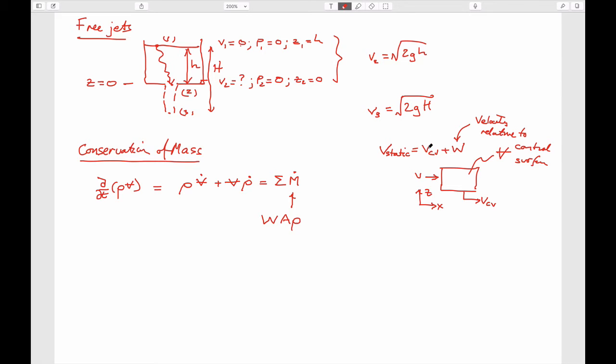The boat's going at 1 meter a second in the x direction. It's squirting out in the x direction at 1 meter a second. The velocity to a static observer sitting here is that it's going at 2 meters a second. And so you have to remember that. And so this W that goes in here is always relative to the control surface. Probably the best way to think about it.